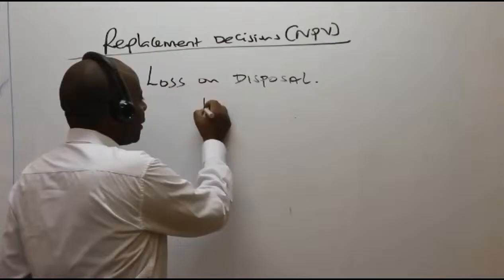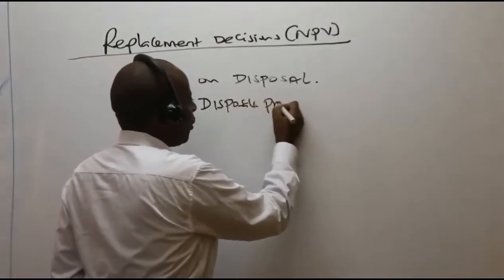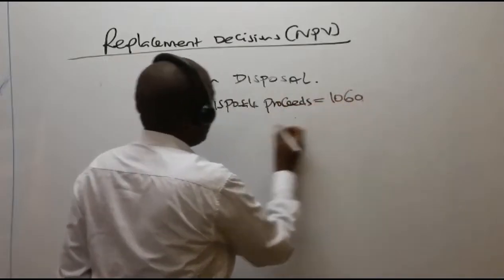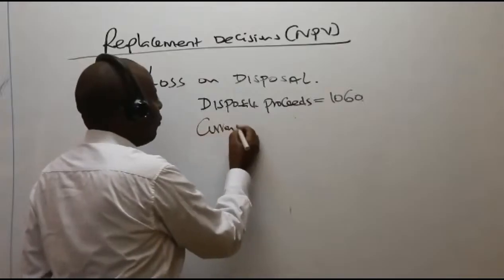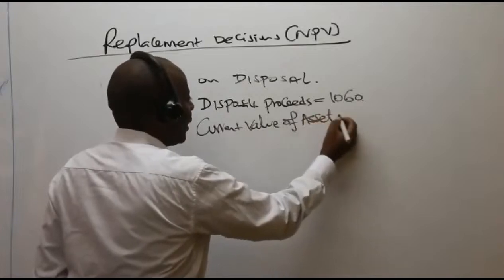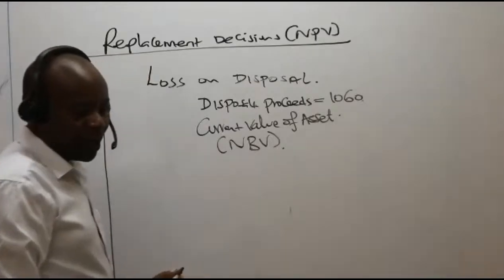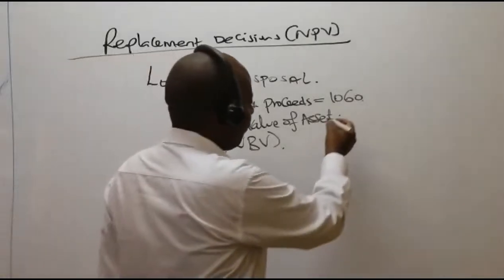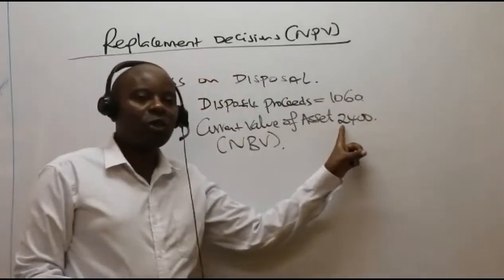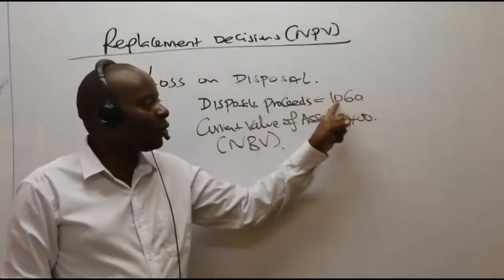We compare the disposal proceeds of 1060, and then we look at the current value of the asset, as measured by the net book value. The net book value here, you guys gave me a figure of 2,400. You can see that an asset that is worth 2,400, we are selling it for a smaller amount of 1060.